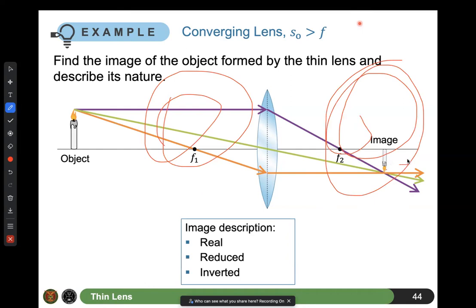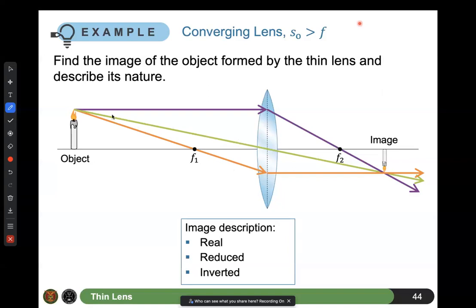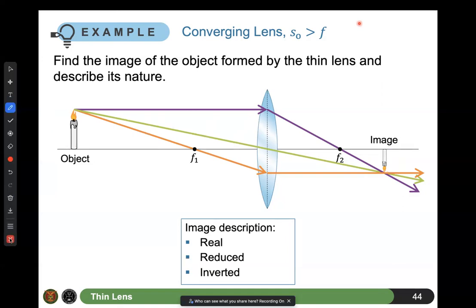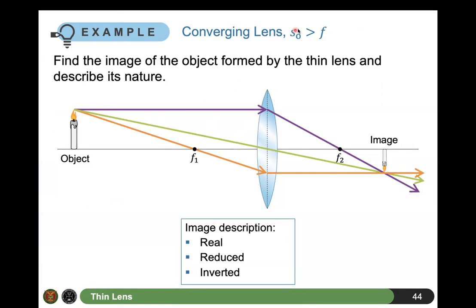Since the image is formed on the outgoing side, the image is real. It is reduced because it became smaller. Inverted, so it's fairly obvious that the height of the image is inverted, and it forms on the other side of the optical axis. So this is always the case: when S0 is greater than F, this is always the image we get.